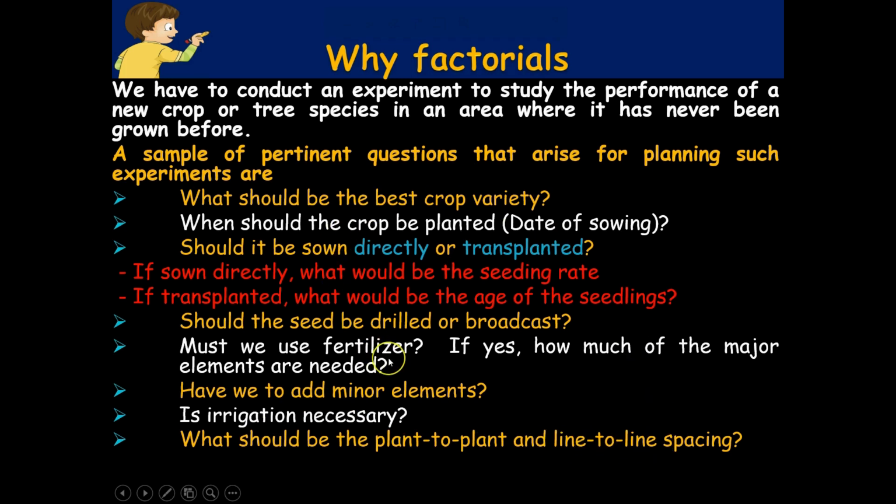So a lot of questions arise whenever we are interested to study the performance of a new crop, variety or tree species in a given area where it has never been grown. That is why factorials are important.